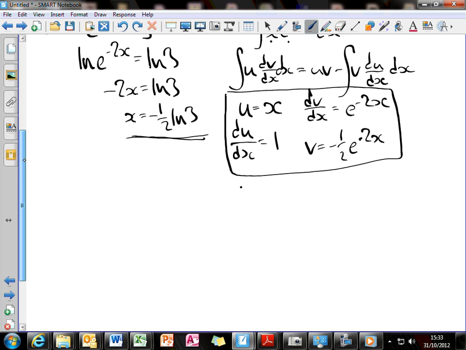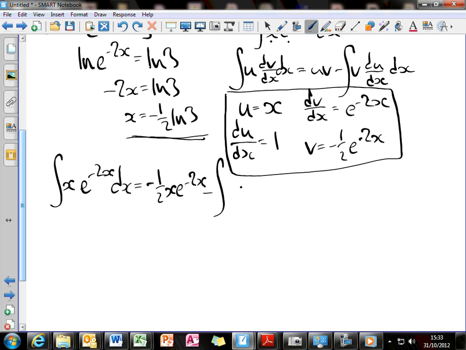So let's do it. We wanted to integrate x e to the minus 2x dx, and so that's going to be equal to uv. So that's minus 1/2 x e to the minus 2x minus the integration of v du dx.